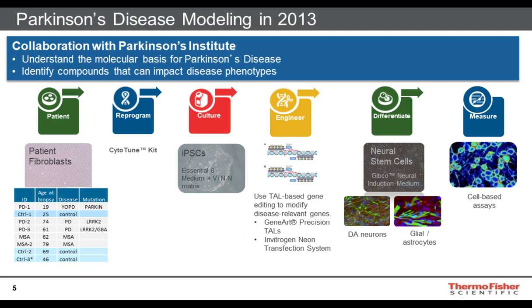We then further differentiated them using our neural stem cells and did some relevant assays. While in the long run we were successful in doing this, it took us about 1.5 years to go from a patient fibroblast to a successfully edited pluripotent stem cell.